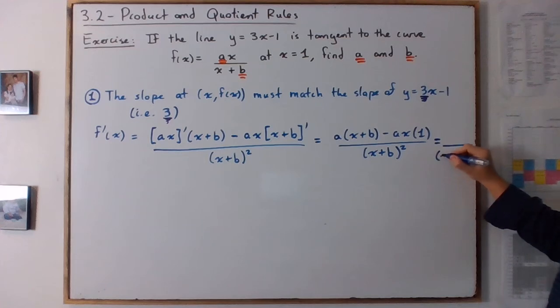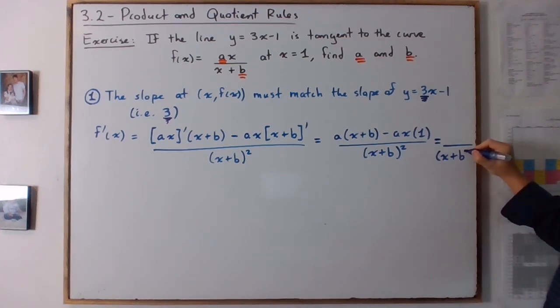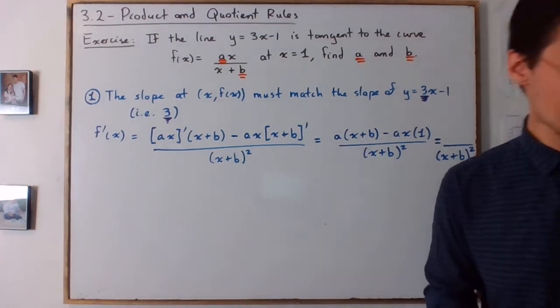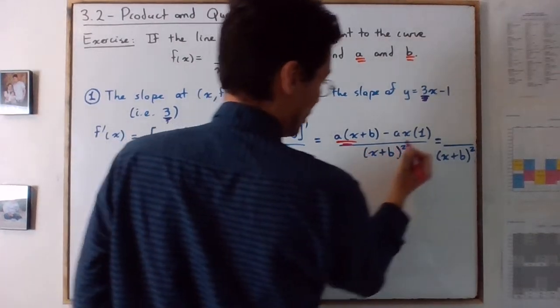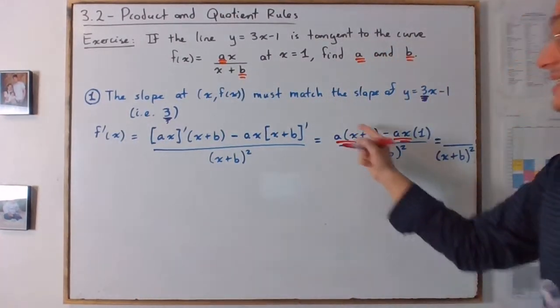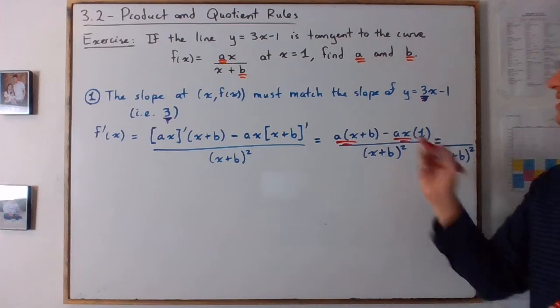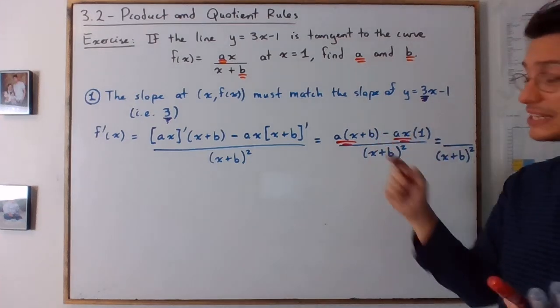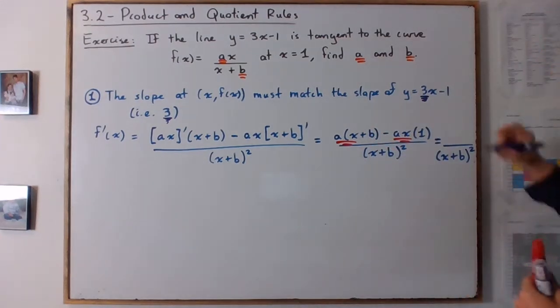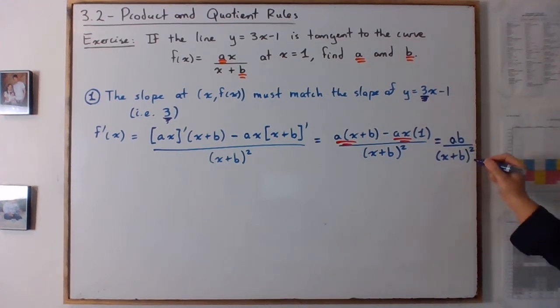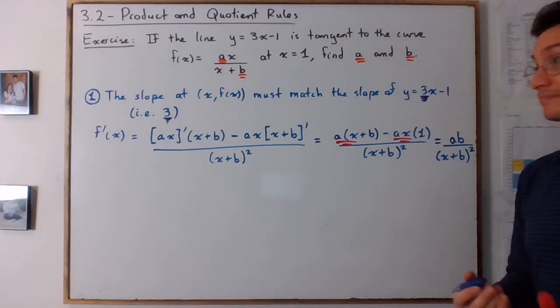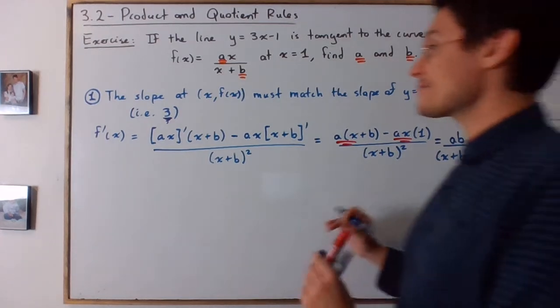What I want you to notice is that it turns out, and this is just luck, that this a times x is canceling that a times x, but you still need to distribute. So at the top, you will get a times b over x plus b squared. So that's the first step.